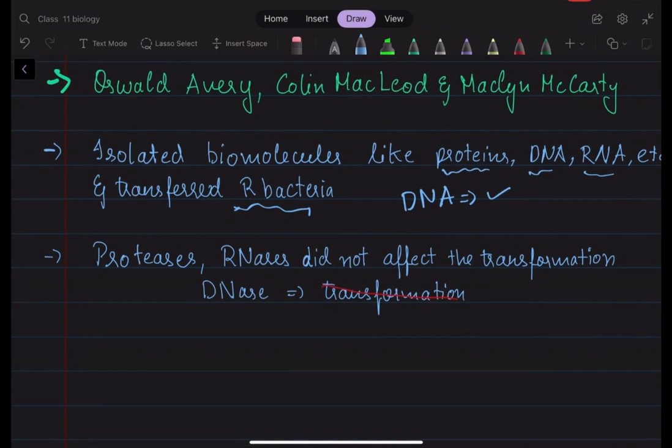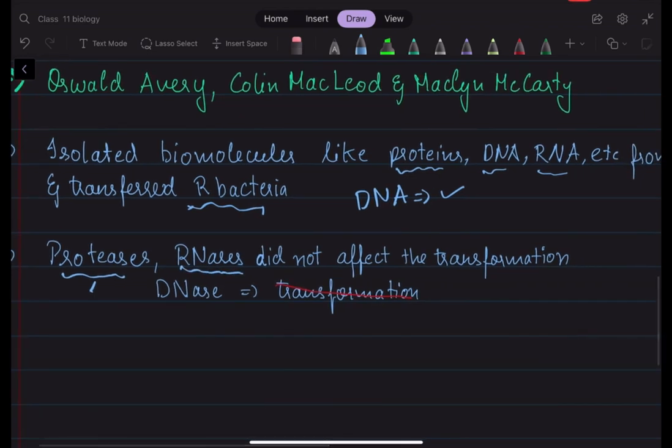Then to confirm this, they took proteases, that is protein digesting enzymes, RNases, RNA digesting enzymes, and also DNases, DNA digesting enzymes. When they used the proteases and RNases in the experiment, they did not affect the transformation.